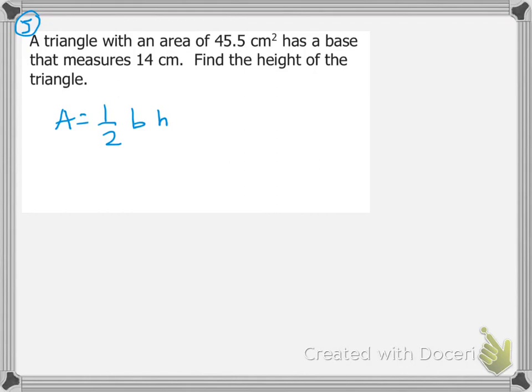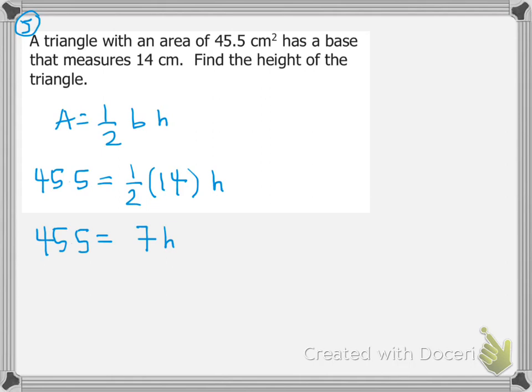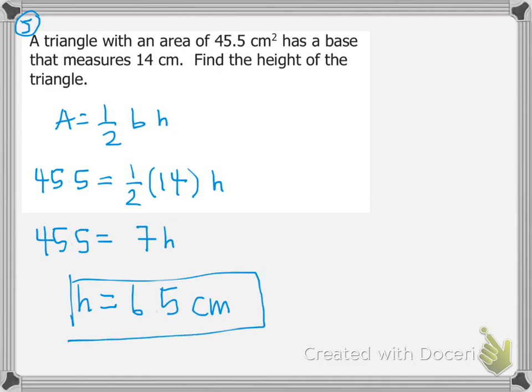So my area is 45.5 and my base is 14, so I want to find my height. 1/2 times 14 is 7, so we'll divide both sides by 7. Your height here is going to be 6.5, and we are in centimeters.